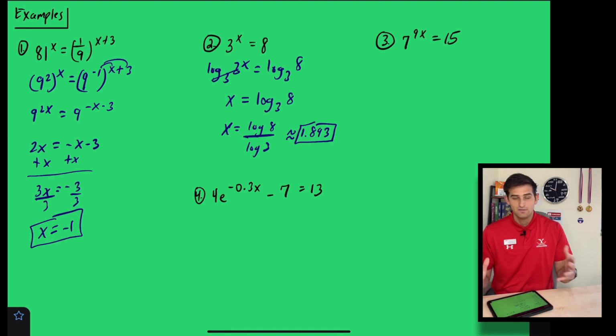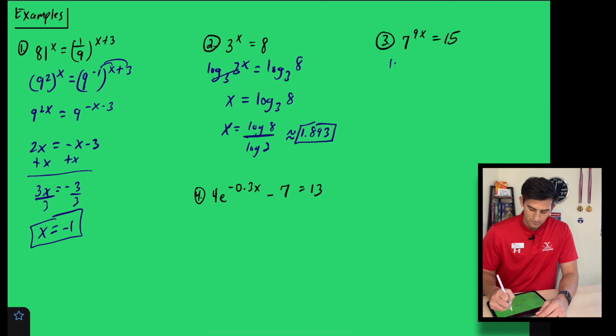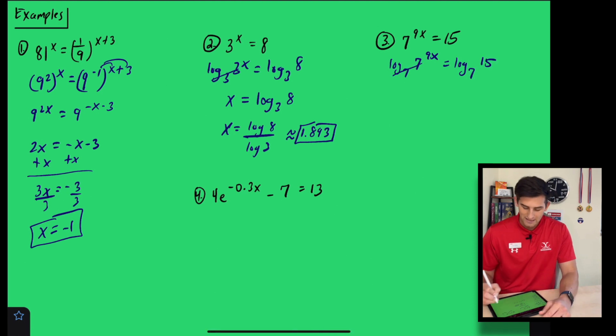All right, number 3, 7 to the 9x power equals 15. Once again, base of 7, base of 15, we can't easily write them as the same. So we're going to take log base 7 of both sides this time. Log base 7 of 7 to the 9x power equals log base 7 of 15. The log base 7 of 7 is going to cancel out, so I'm left with 9x equals, once again using change of base, log of 15 divided by log of 7.